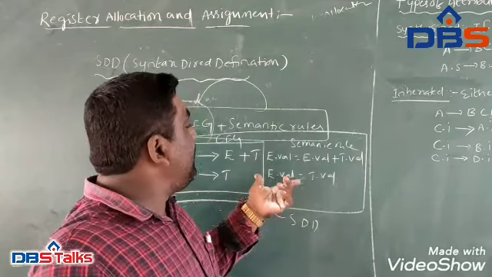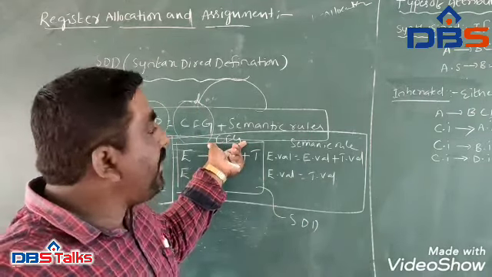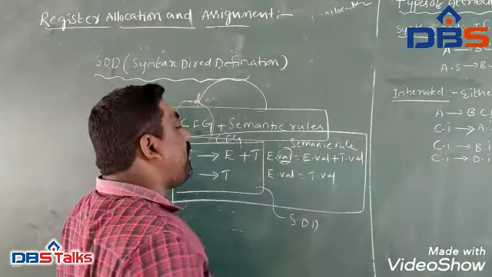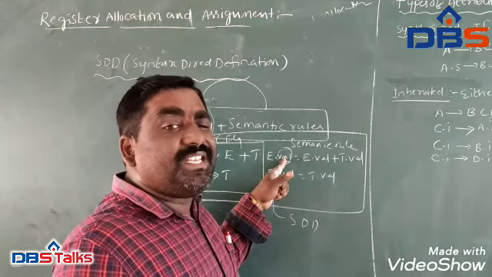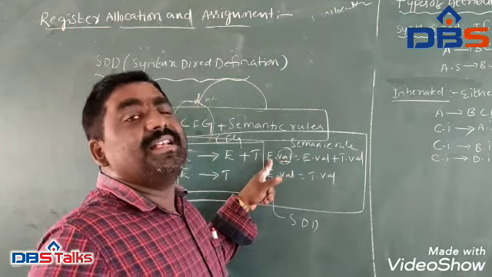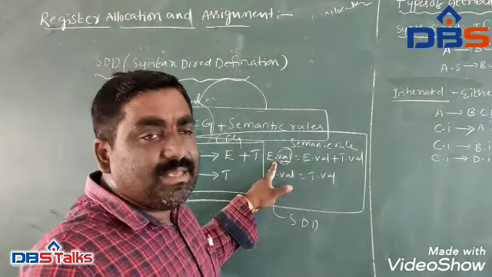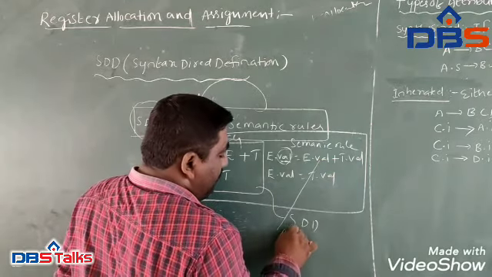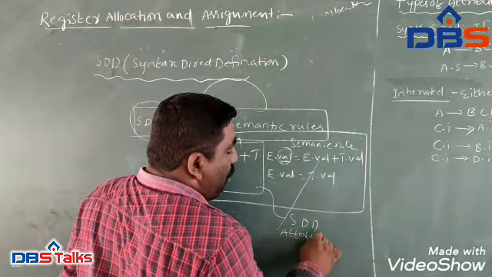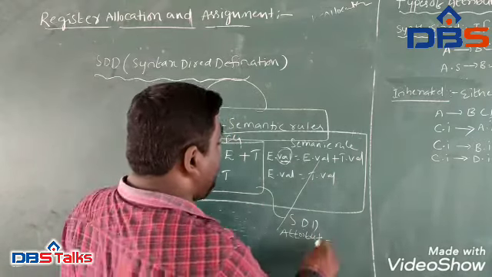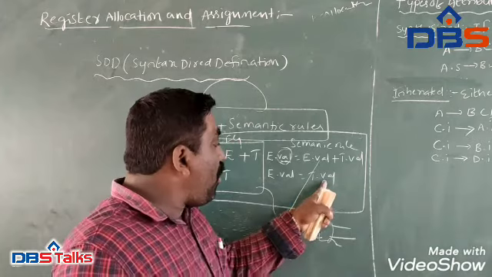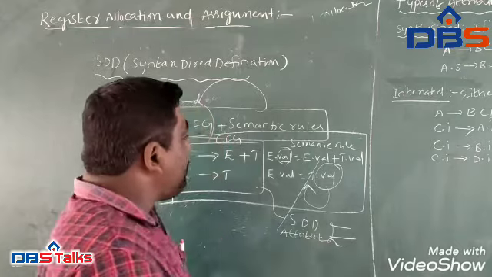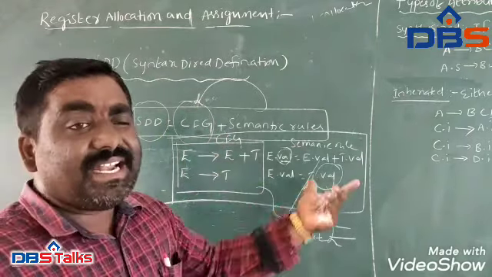What is val? Val is an attribute which is associated with a symbol, here T.val. So this is the example of syntax directed definition.